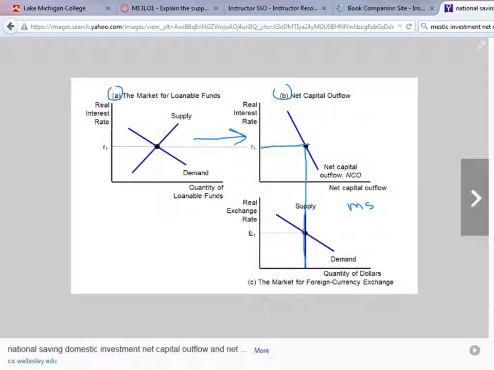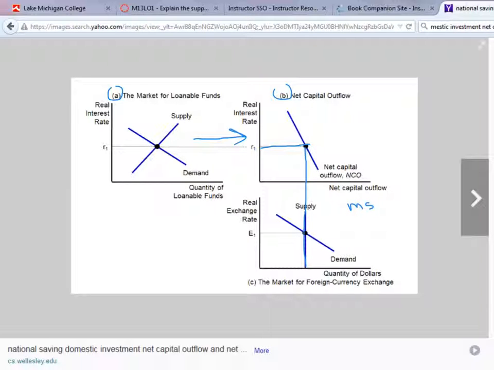So if we take this real interest rate in panel A and extend it into panel B, it hits net capital outflow. And again, in the previous learning objectives, we said that the real interest rate is negatively correlated to net capital outflow, and that's why that's downward sloping. If we then extend that down, we get the money supply.